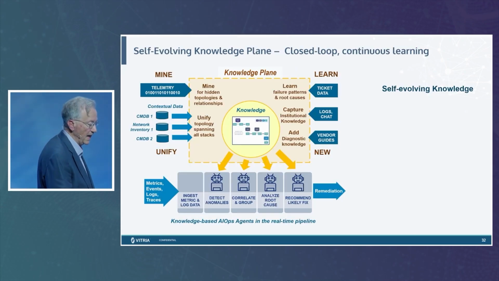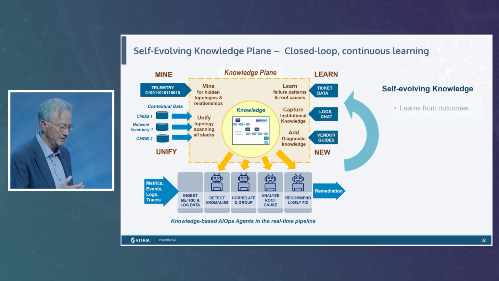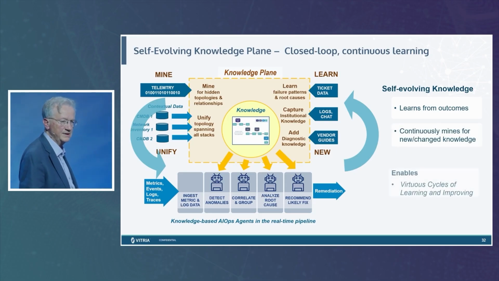Okay, so now you have a knowledge plane. You have it gathering all this knowledge together. And the next step is to really turn it into a continuous evolving system. And we already have the basis for that. We already talked about how it can learn from its mistakes, how we can see trouble tickets coming back, or whatever records the engineers provide, we mine those, and we can learn from those mistakes.